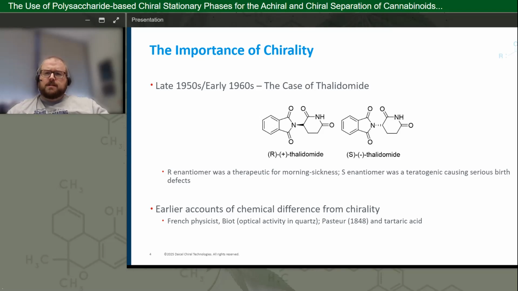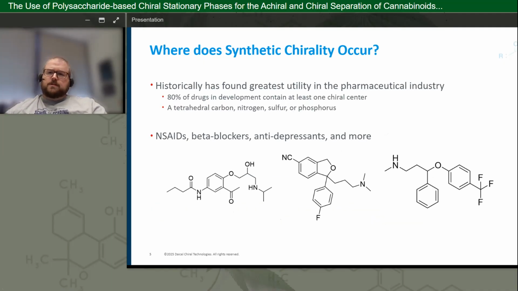A French physicist, Biot, noticed that there were two different forms of quartz, and that they reflected light differently. And so there were some activity differences because of the structure of these compounds and them being different. But fast forwarding, the solution was basically, we need to come up with a technology that's able to discriminate between these two enantiomers, and then do an assessment of them before the drug's actually commercialized or studied.